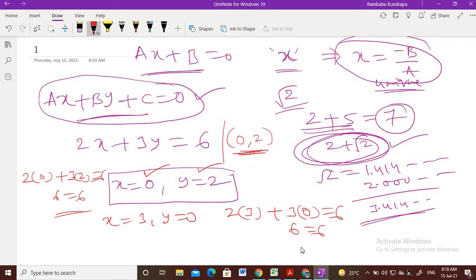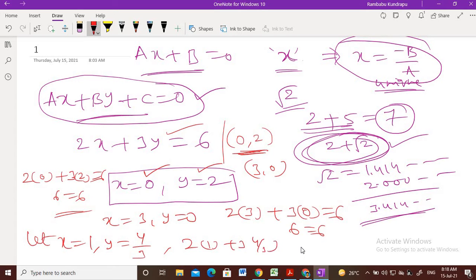That means 3 comma 0 is also one solution of this linear equation in two variables. Like that, if I take x is equal to 1, y is equal to 4 by 3 and substitute these values in the given equation, again you will get 6 is equal to 6.